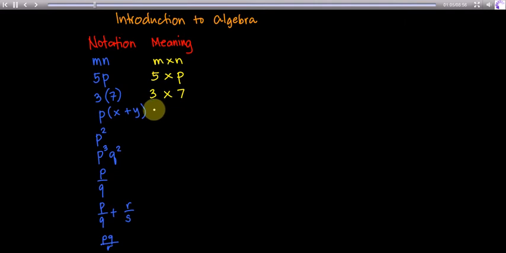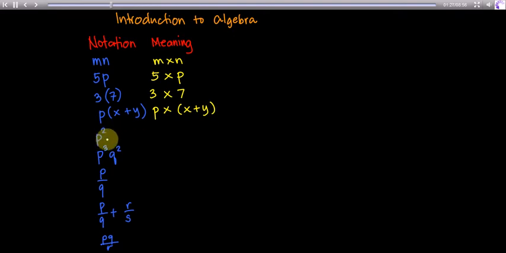That is also p times the quantity of, or the sum of x plus y. We just simply multiply p and the sum of x and y.